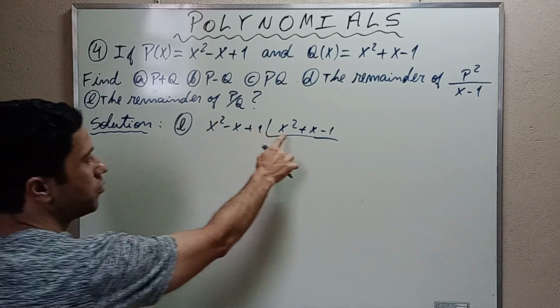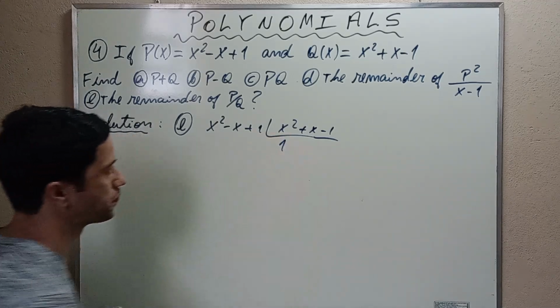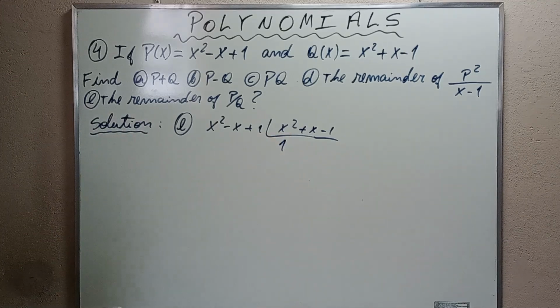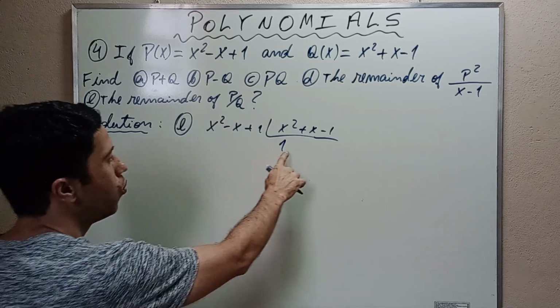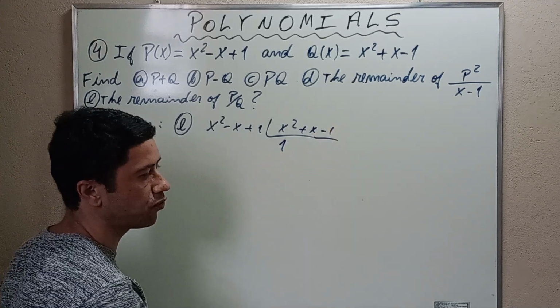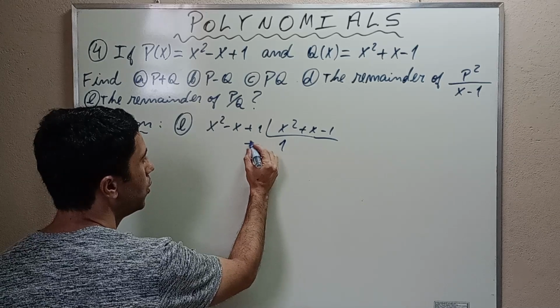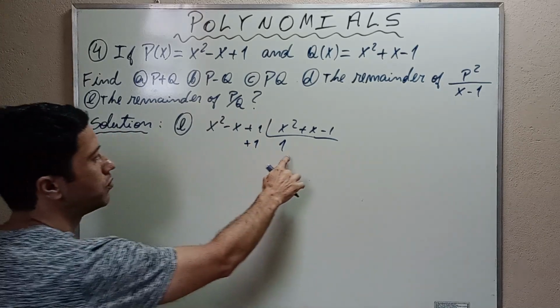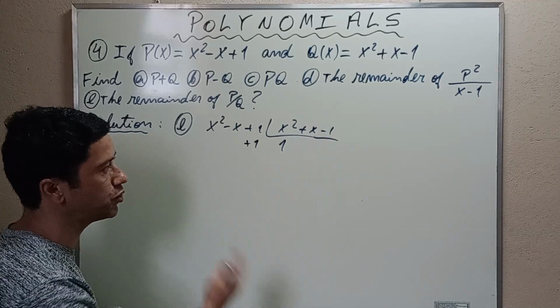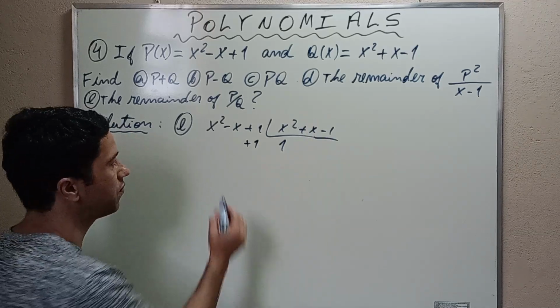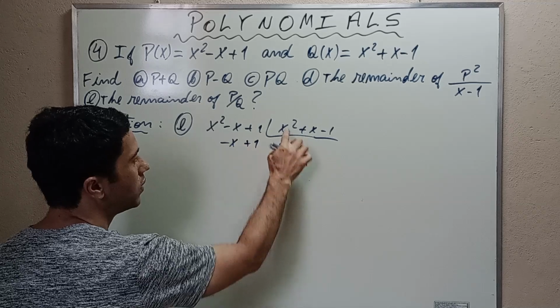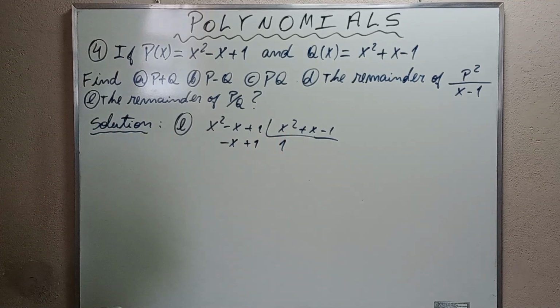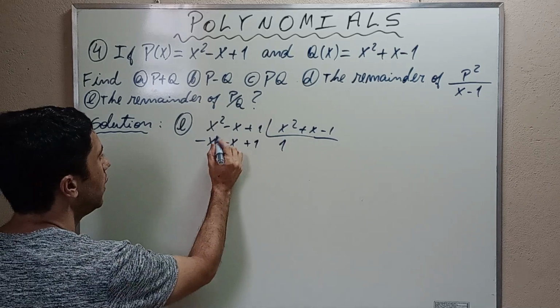X squared divided by x squared is 1. 1 times negative 1 is negative 1, passing to the other side, positive 1. 1 times x is positive x, passing to the other side, negative x. 1 times x squared is x squared, passing to the other side, negative x squared.